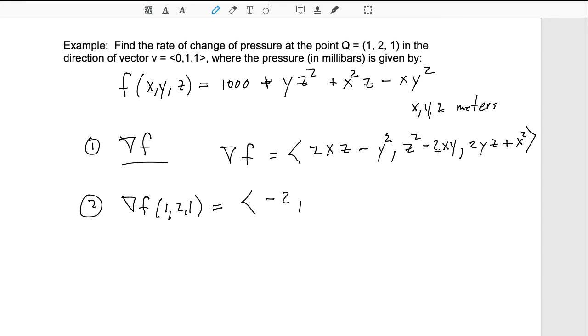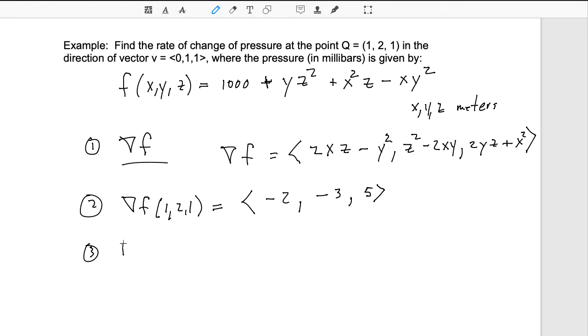This is a 1 minus a 1 and a 2 there, so it looks like we have a negative 3. And for y and z, 4 plus 1, looks like we have a 5. All right, I think we're okay there. Now, you could do this abstractly if you wanted, dotting with the given vector and plugging in later. This, of course, is much easier because we just have these numbers to work out.